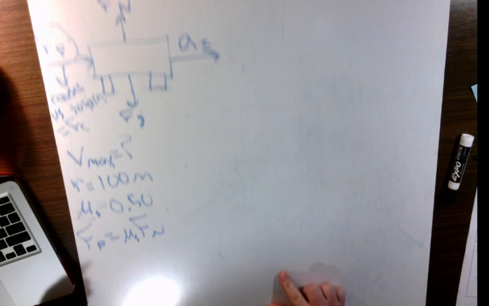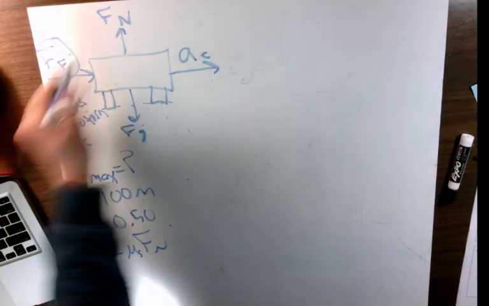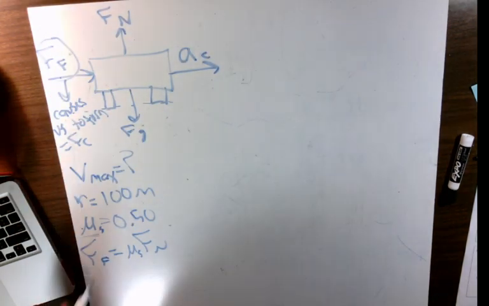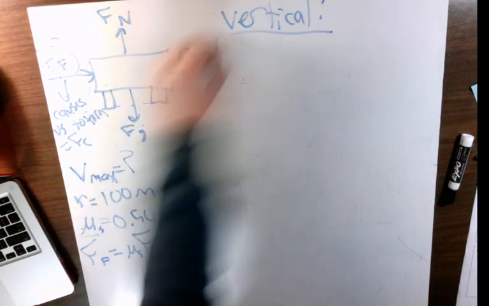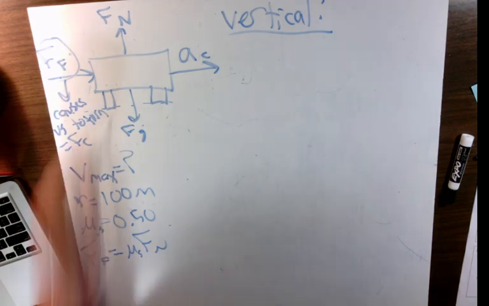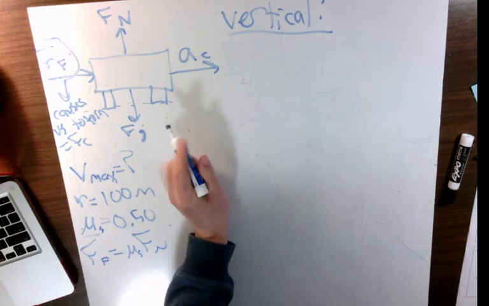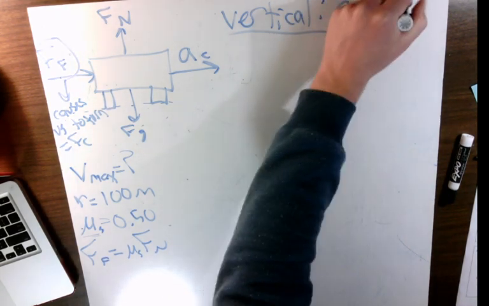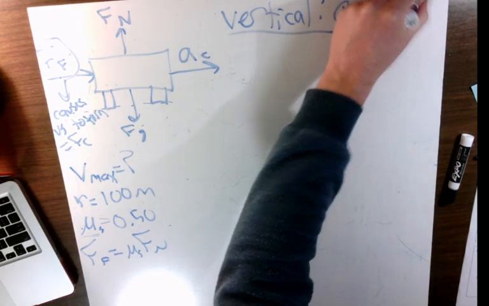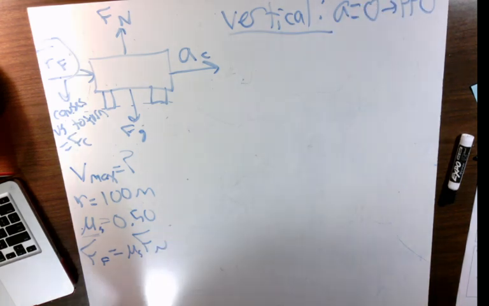So when we look at our free body diagram, and we especially look in the vertical direction, that's where we're going to start. We know that there's uniform motion, no acceleration. So we're going to use principle of physics 0, Newton's first law.